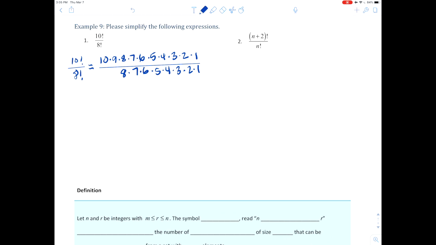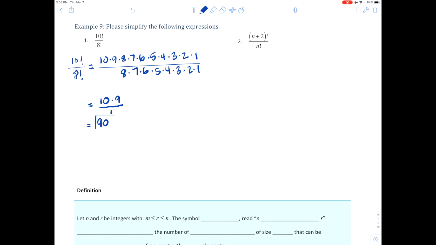Notice what happens. Don't all of the ones starting with 8 and going to the right divide out? So this will actually just be 10 times 9 over 1, which is 90.